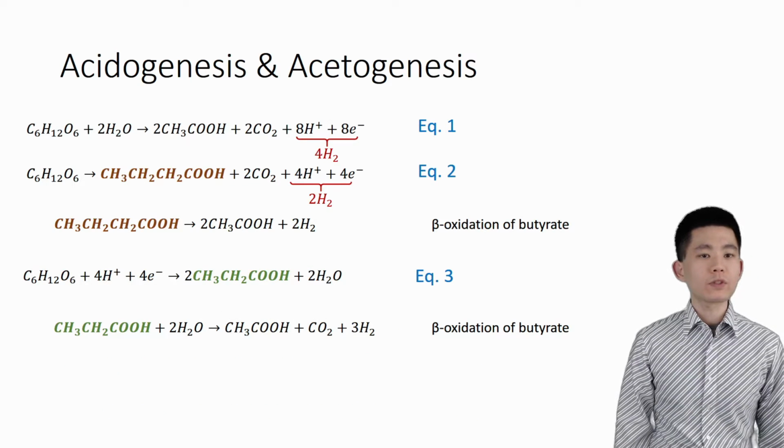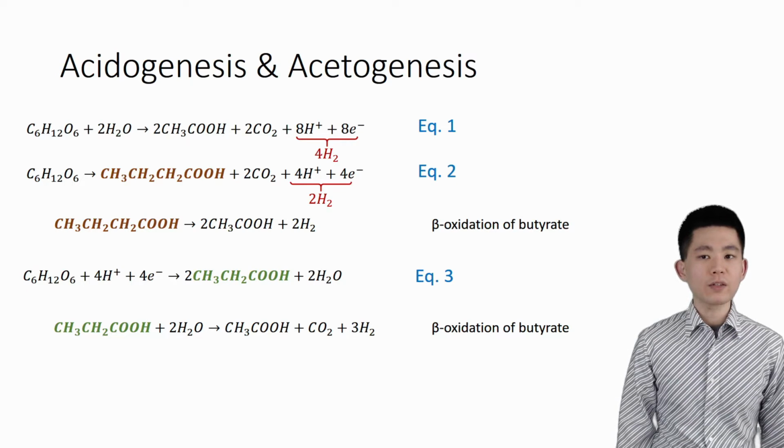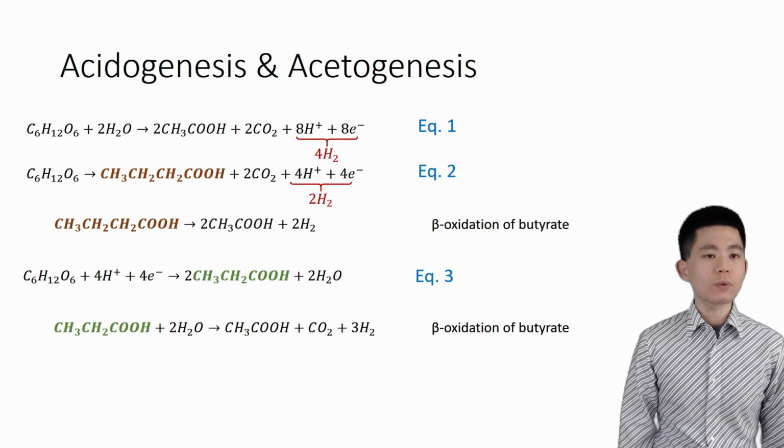The butyrate produced from equation 2 can be further degraded through beta oxidation to produce 2 acetate and 2 hydrogen gas, making the net production the same as equation 1. The same applies to the propionate produced in equation 3.